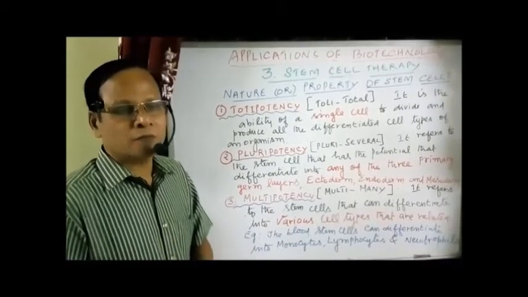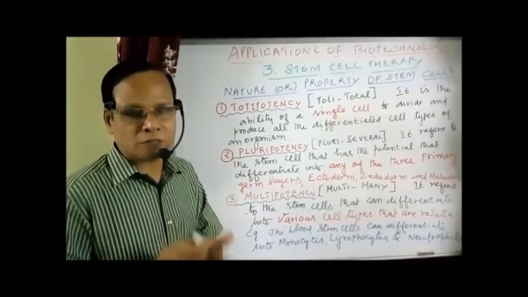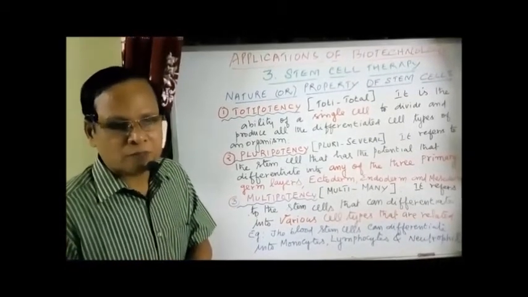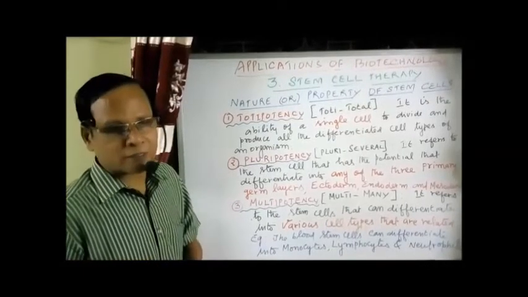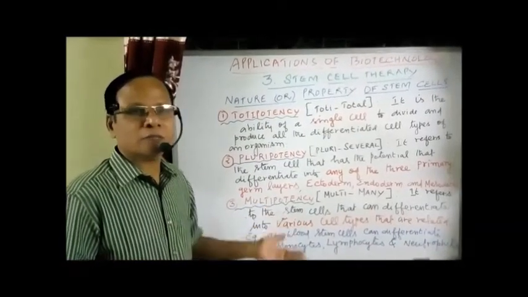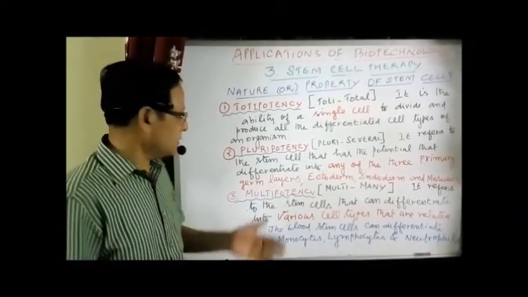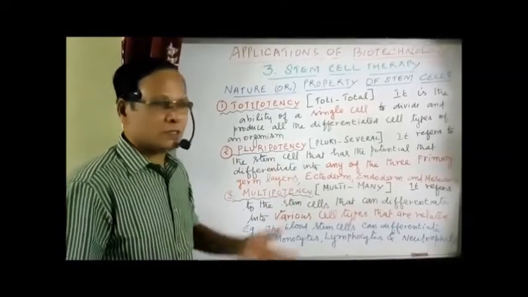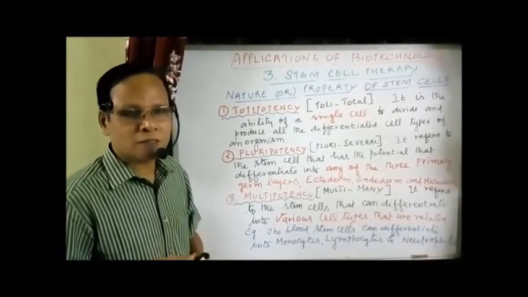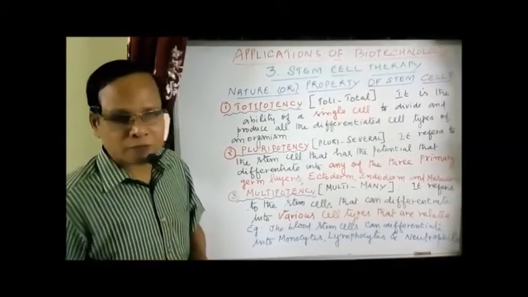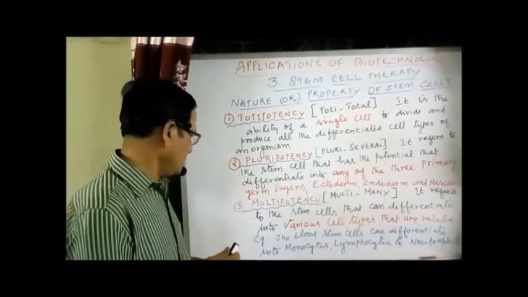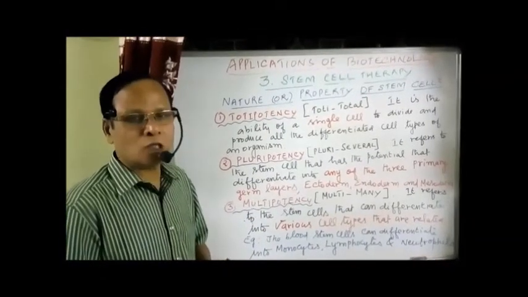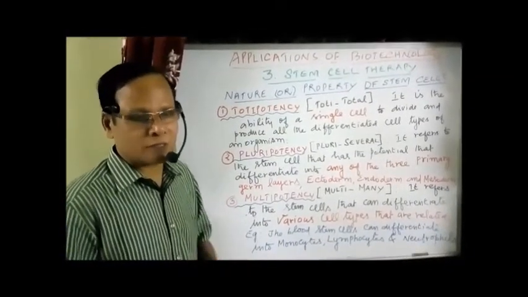For example, the blood stem cell can give rise to different types of leukocytes, either the lymphocytes or the monocytes or the neutrophils. That is the property called multipotency. Many cells of different types, with related function, are formed from stem cells. Now the next one we have to go for is oligopotency and then unipotency.